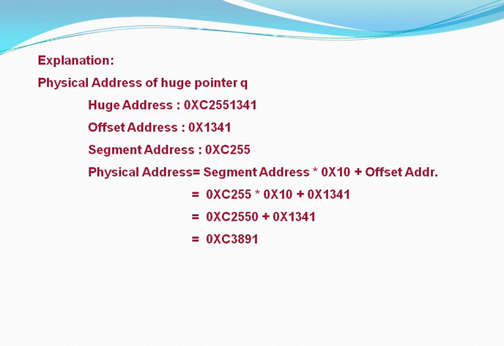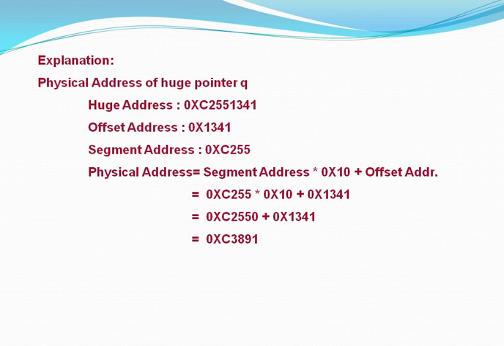Now for the normalization of Q variable, you have to find the physical address of huge pointer Q. The huge address is equal to 0xC2551341. In this case, the offset address is 0x1341, segment address 0xC255.